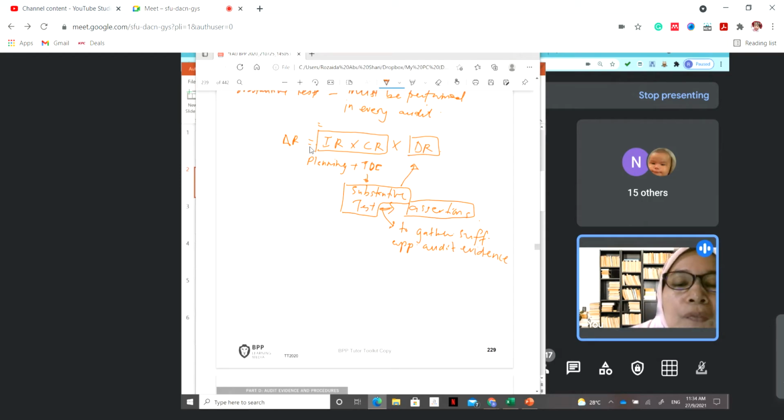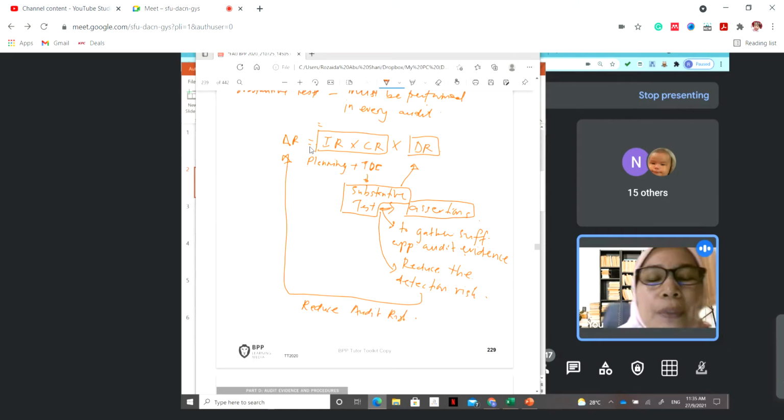When you able to gather sufficient appropriate audit evidence, you can reduce the detection risk. Okay, when you reduce the detection risk, what is the result? You reduce the audit risk.